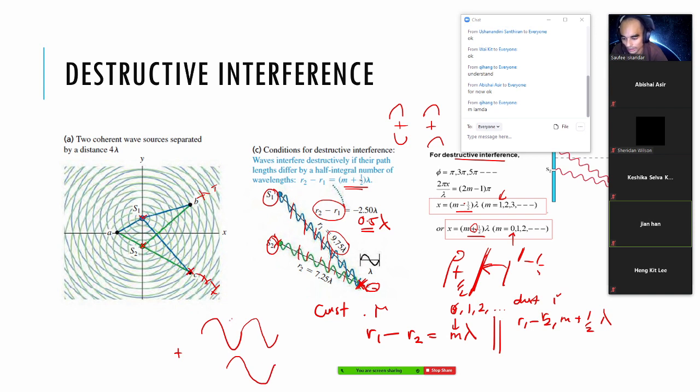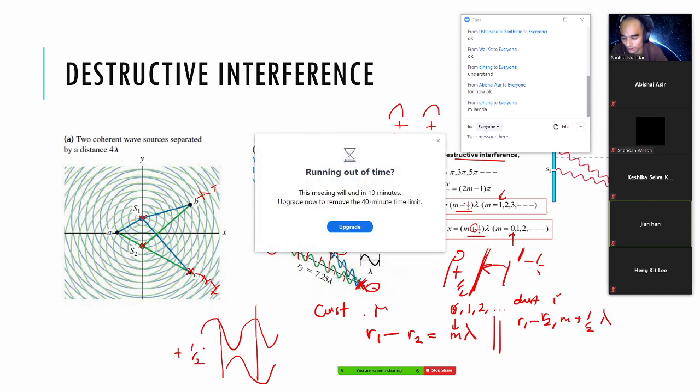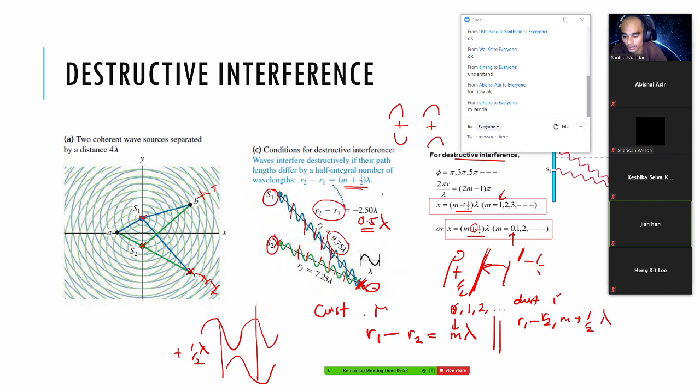If you subtract these two, you get 1 over 2 lambda. It means a crest overlaps with a trough, so that's why we have destructive interference.